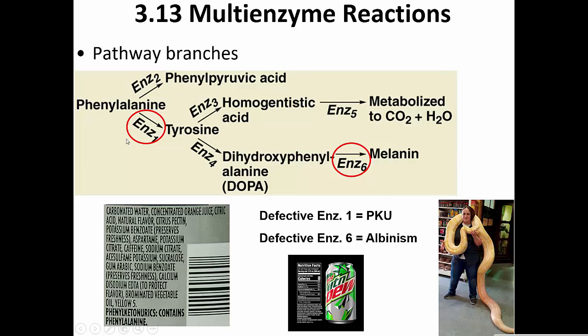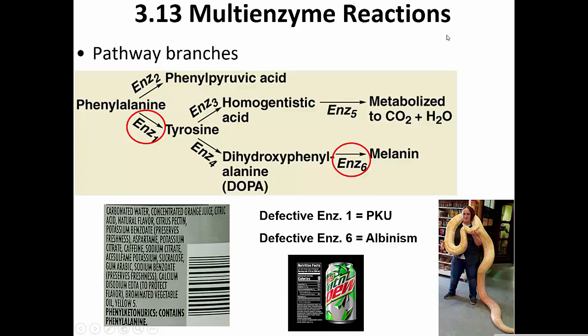If we back up in the pathway just a bit to enzyme number 1, we see that enzyme number 1 converts phenylalanine into tyrosine. The absence of enzyme number 1, or a mutated enzyme number 1, means that all the phenylalanine that's available serves as a substrate for enzyme number 2 and is turned into phenylpyruvic acid.